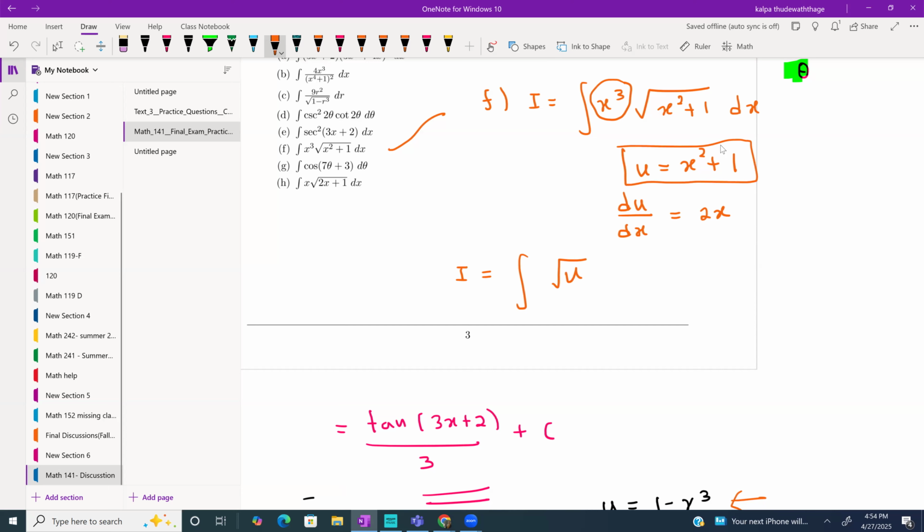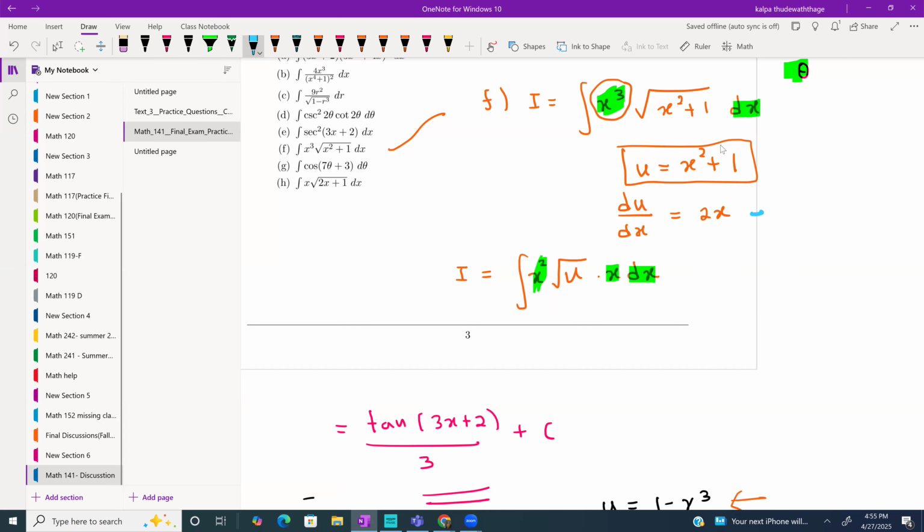And I have x to the power 2, I can keep like that, and I write x dx. Actually, I had x cubed. I write it as x to the power 2 times x, which is x cubed dx. Same thing, okay?